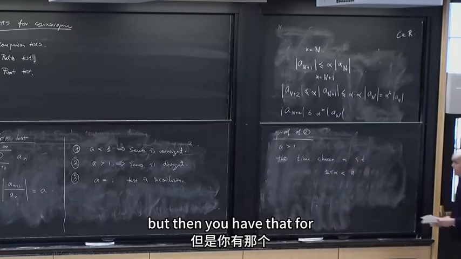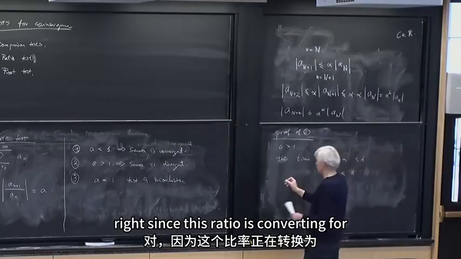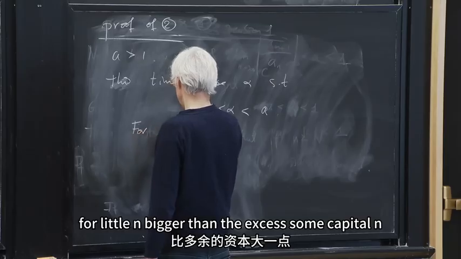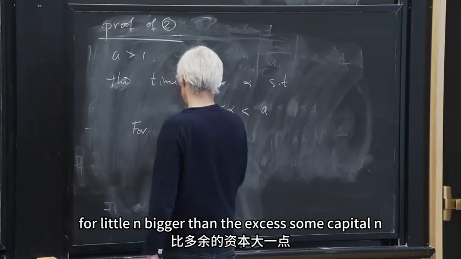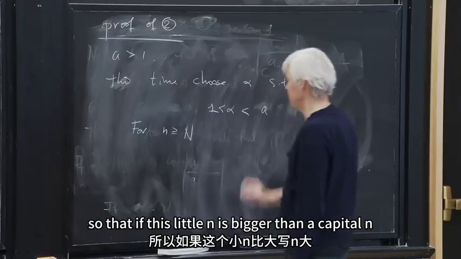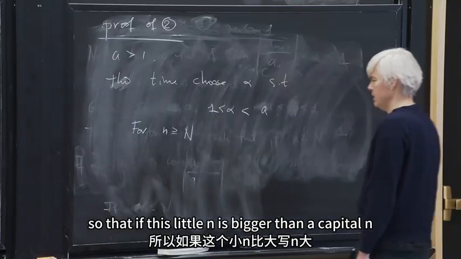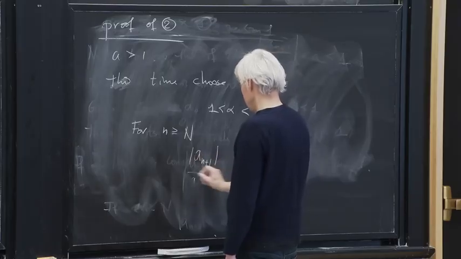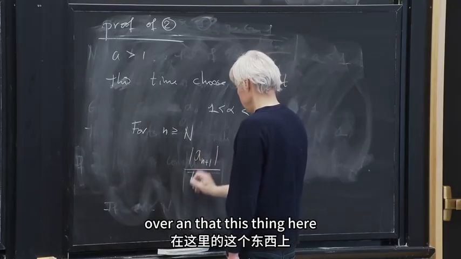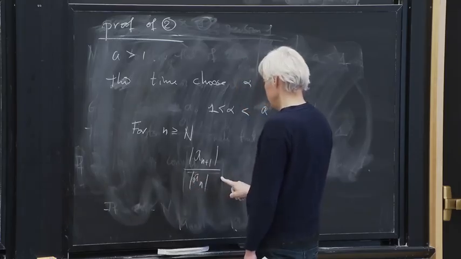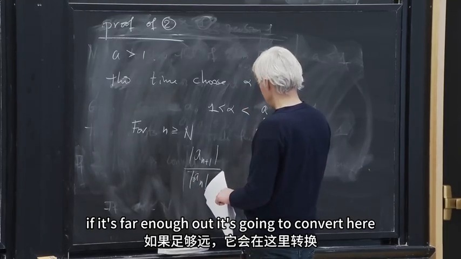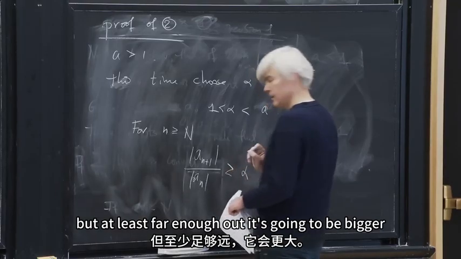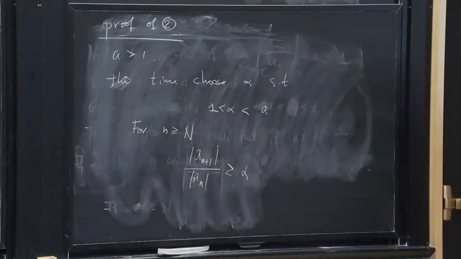But then, since this ratio is converging, there exists some capital N so that if little n is bigger than capital N, then a_{n+1} over a_n, if it's far enough out, is going to be bigger than alpha, right?